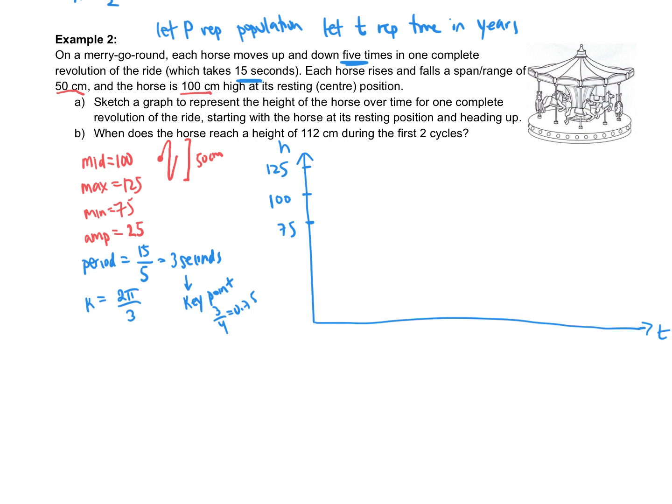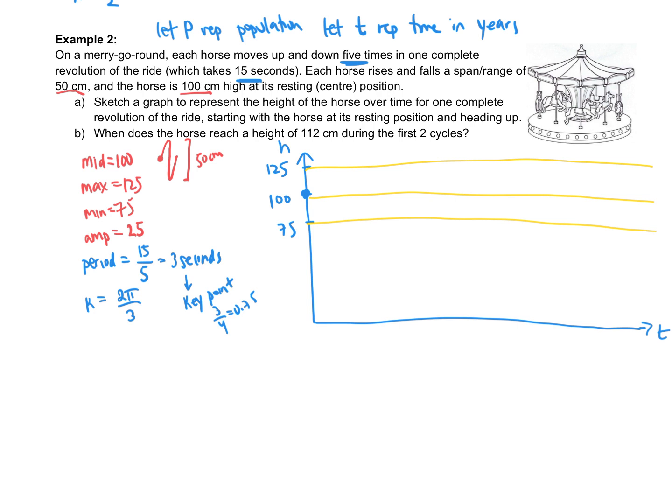And there we go. We're starting at the midline, so at 100. And again, I'll just put my reference lines here. Okay. And I need to go to 15 seconds because it says for one ride. So I need to make sure I include that.